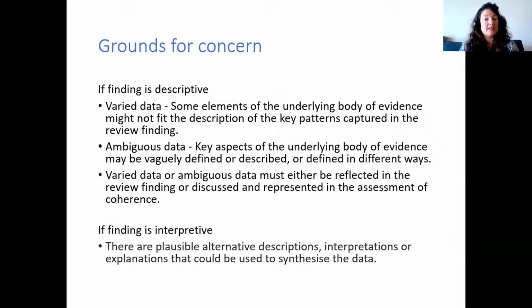So there are some elements of the underlying body of evidence that don't fit the description of the key patterns, or ambiguous data, and this varied or ambiguous data must either be reflected in the review finding or discussed and represented in the assessment of coherence. If your review finding is more interpretive or explanatory, the concerns around coherence might be about whether there are plausible alternative descriptions, interpretations, or explanations that could have been used to synthesize that data.